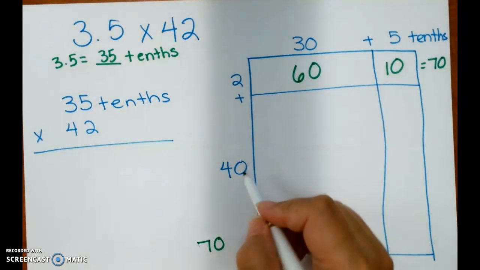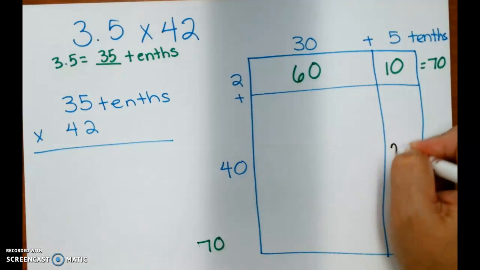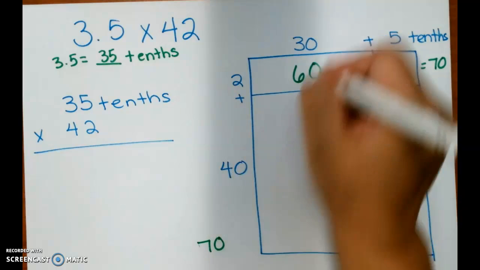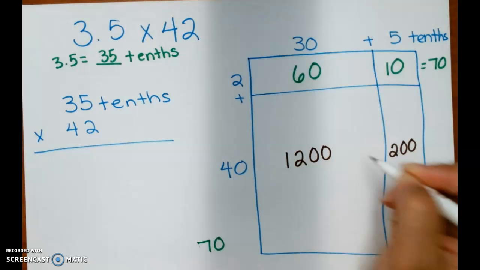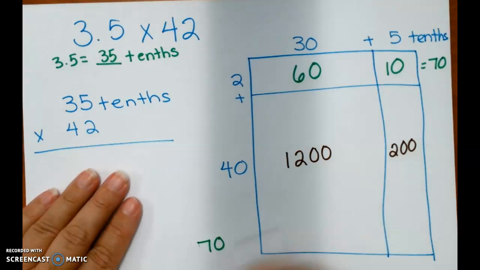Now let's do the second one. 5 times 40 is 200, and 40 times 30 is 1,200. And when I add those two together, I get 1,400.